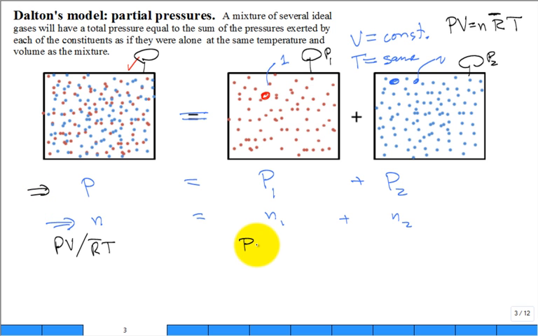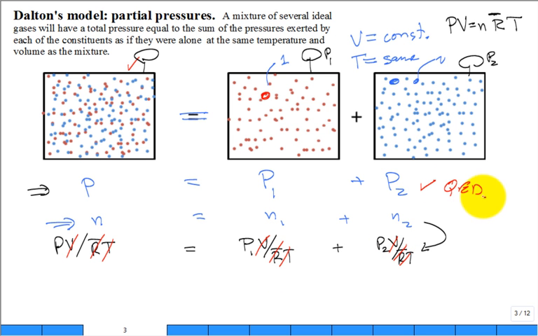So it's P1 V divided by R bar T plus P2 V divided by R bar T. And so we just worked using the ideal gas equation. Go ahead and cancel the V over R bar T, and you get what we wanted to show, QED. Almost too trivial, isn't it?